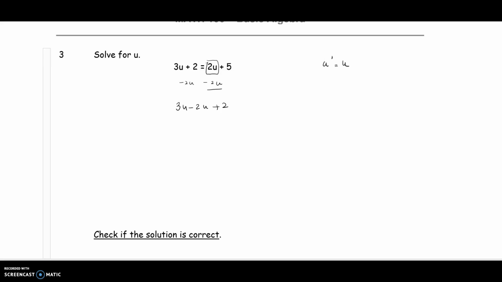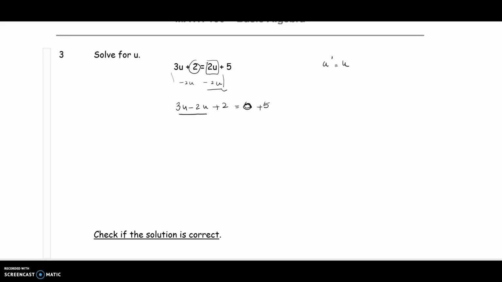On the right side, we have 2u minus 2u, which is equal to 0, plus the 5. So notice that we subtracted 2u on both sides. The 2 remains on the left side, and the 5 remains on the right hand side.